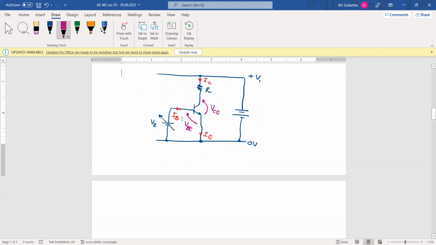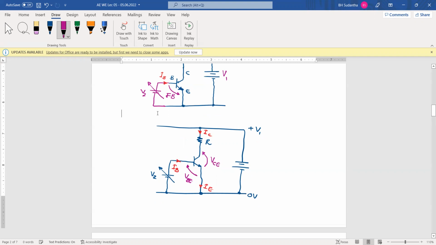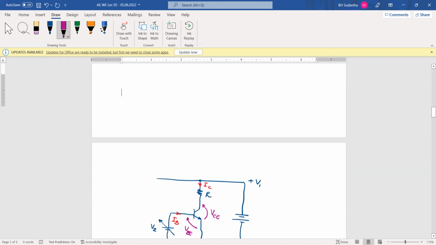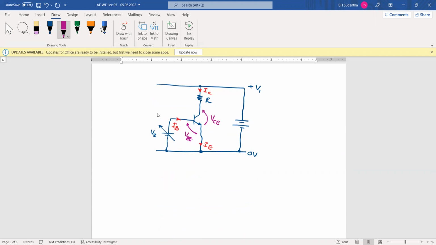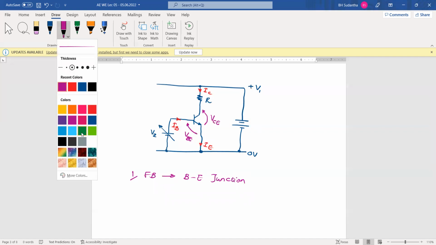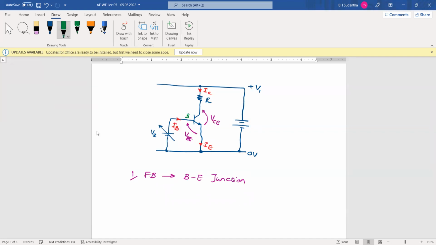Here what we have done: first, we forward bias the base emitter junction. We forward bias the base by providing positive voltage to the base terminal. This is base, collector, emitter.